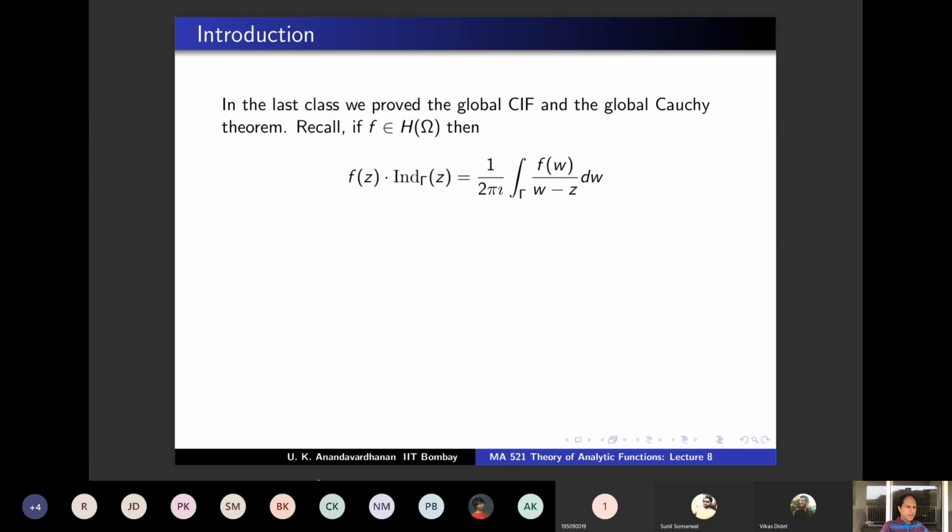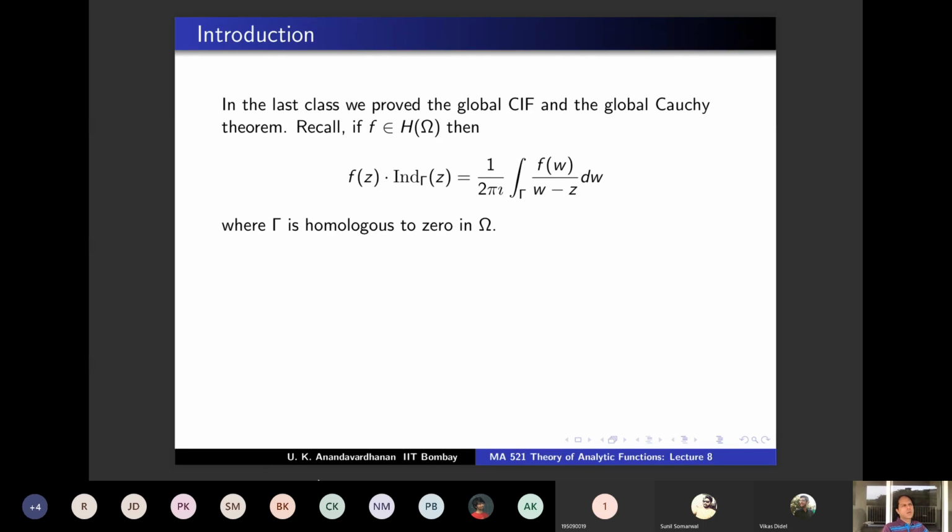What is gamma here? Gamma is a cycle, meaning a formal sum of closed paths. And for this formula to be valid, the condition on gamma is that it should be homologous to 0. So such a formula is true whenever gamma is homologous to 0 in omega.